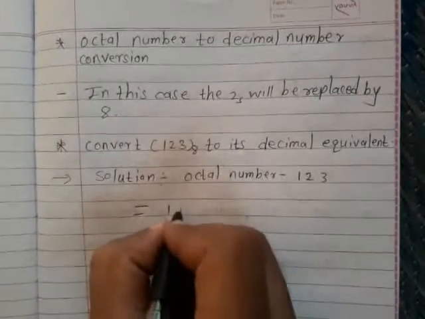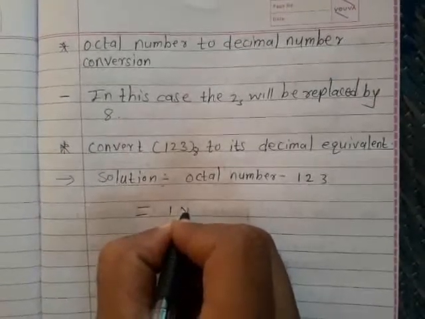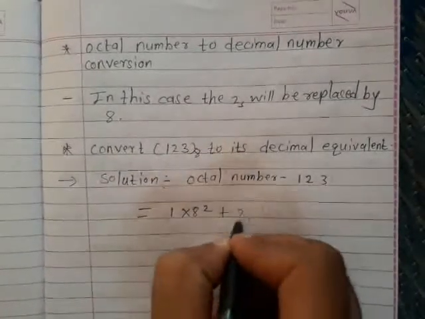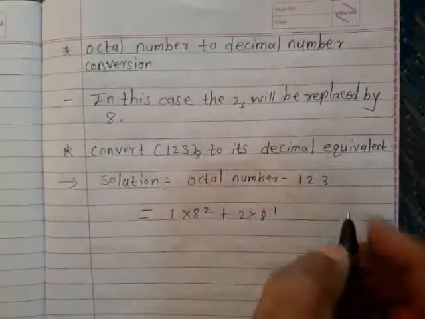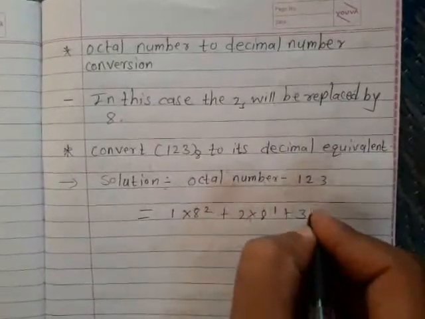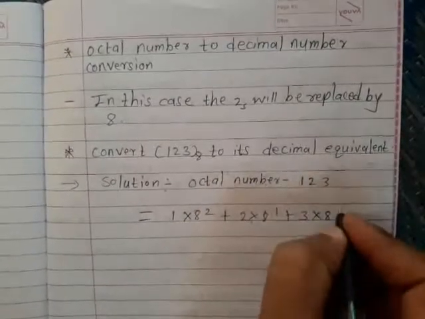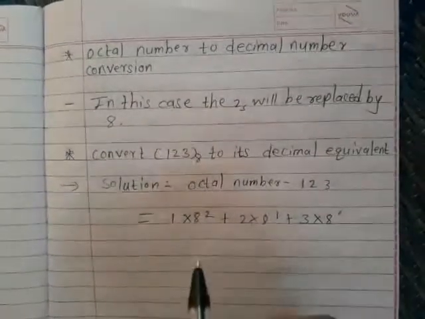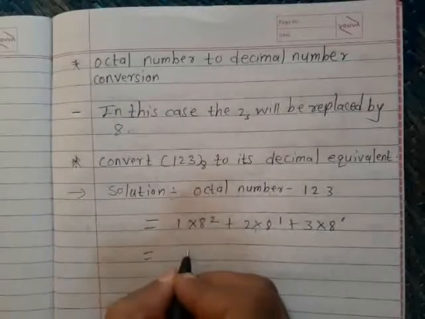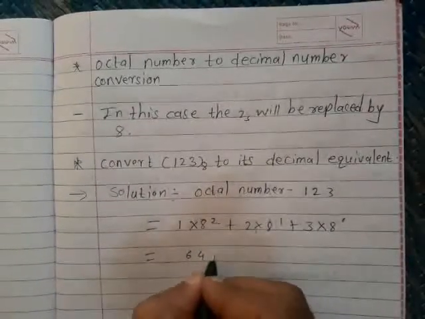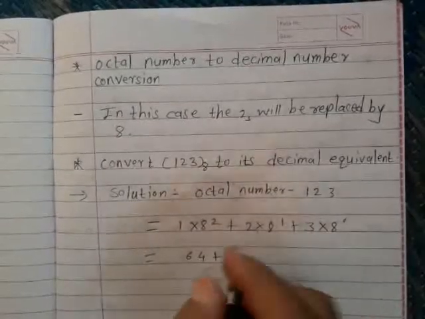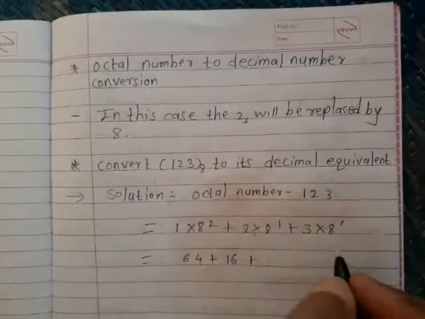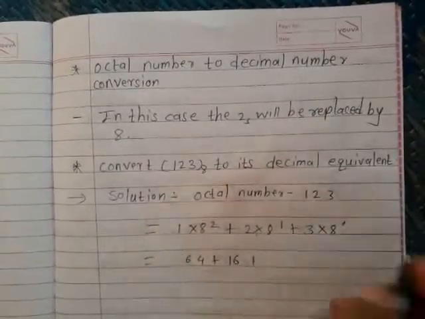1 into 8 square plus 2 into 8 raised to 1 plus 3 into 8 raised to 0. 8 square means 64, plus 2 into 8 means 16, plus 3 into 8 raised to 0. 8 raised to 0 means it will be 3.